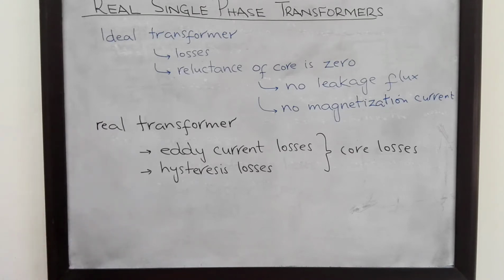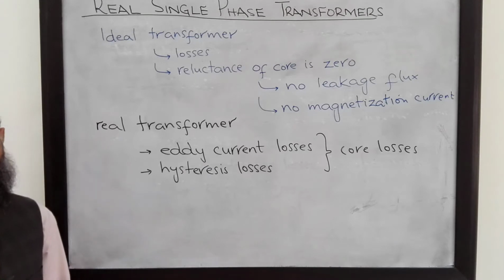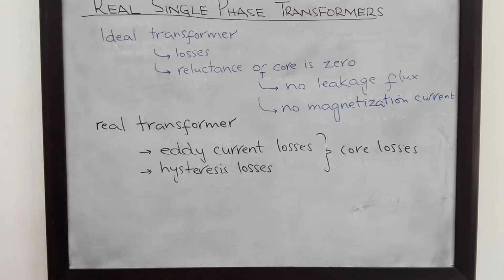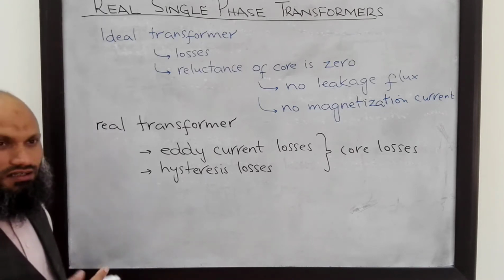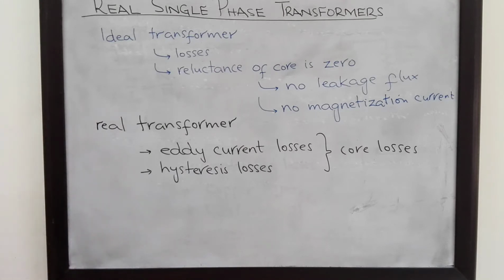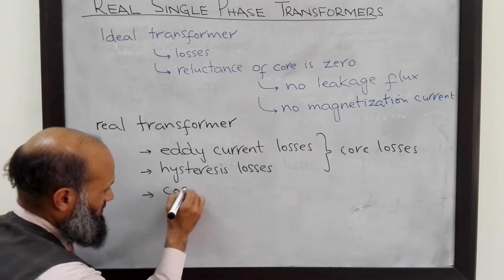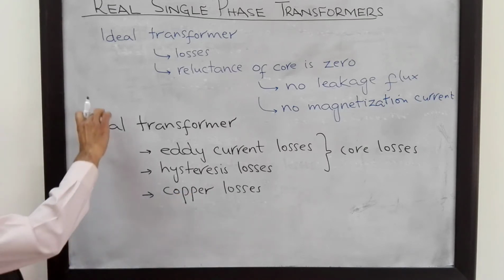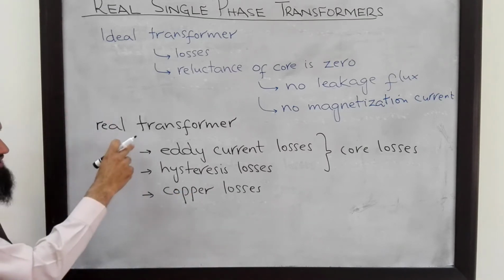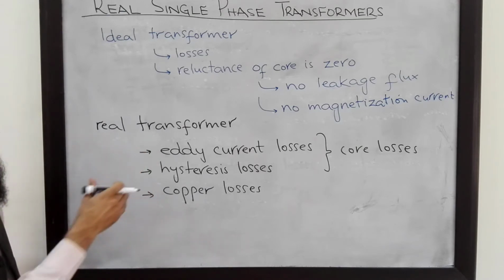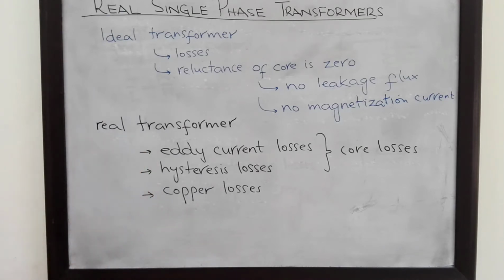The windings of the transformer are made up of copper. Copper, although it has negligible resistance, still does have some resistance. Therefore, there are losses in the windings of the transformer. These losses are called copper losses. So, a real transformer is not a lossless device. There are different losses in a transformer.